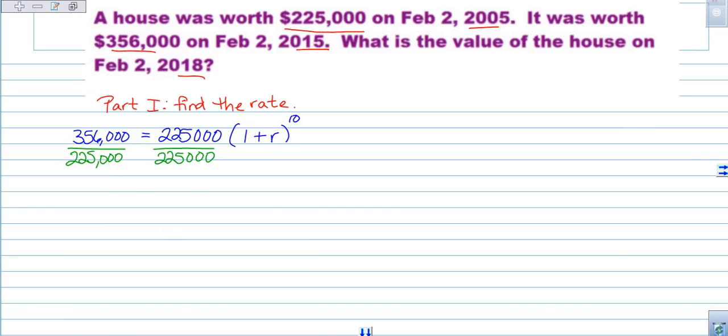Ended up with 1.582 repeating equals the 1 plus r to the 10th power. So now you'll do the 10th root of 1.582, and then that's going to give you the 1 plus r.